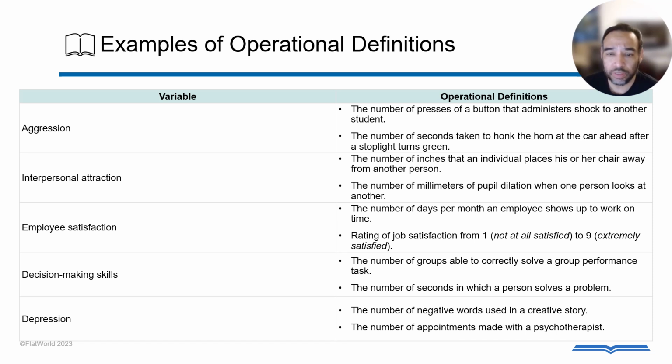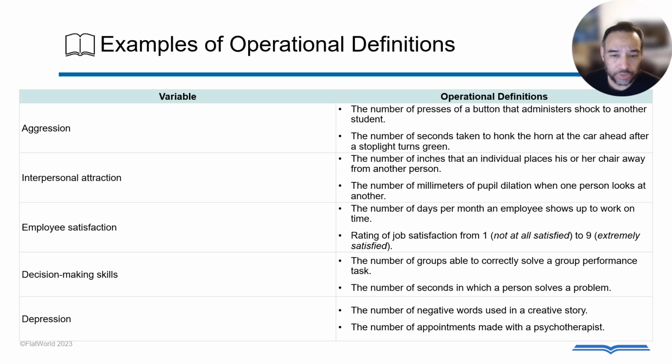By the way, that first one is very similar to something Stanley Milgram did in an experiment. Another operational definition for aggression is the number of seconds taken to honk the horn at the car ahead after a stoplight turns green. I think we're going to talk about that one in class.